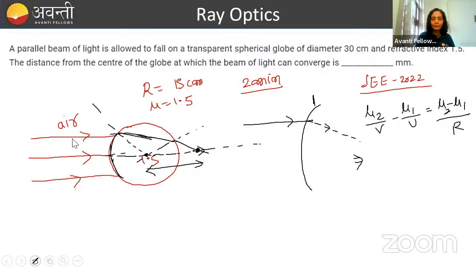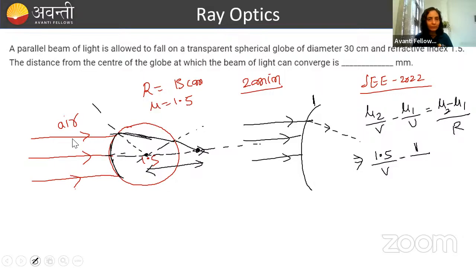Light is getting refracted into glass. This media of refractive index 1.5. So this is 1.5 by v minus mu1 is 1, and u will be equal to how much? For first surface, light beams are parallel. So parallel beams of light means it is coming from infinity. Here, this is a very important takeaway, right?